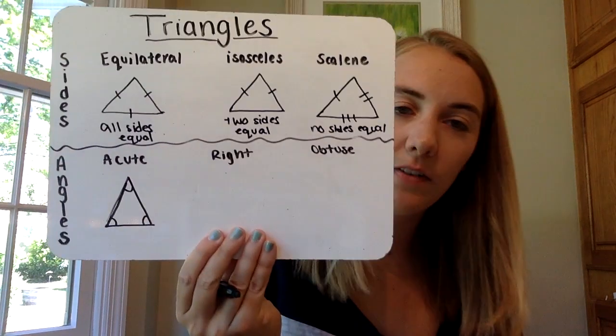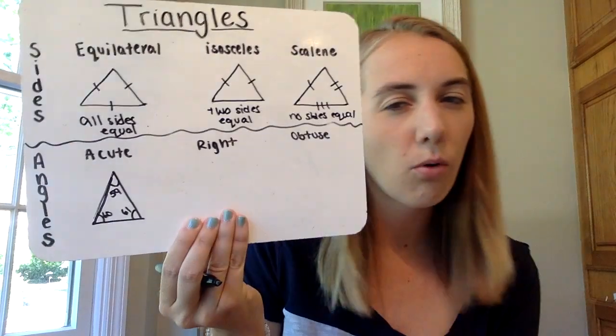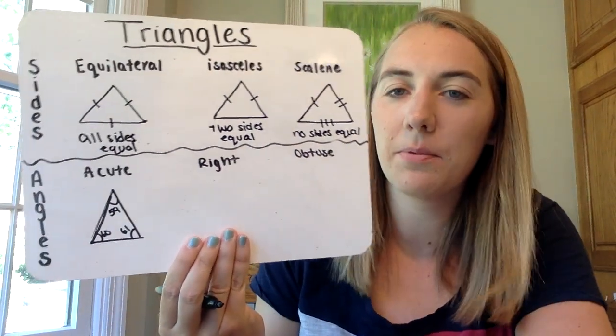So you'll see in an acute triangle that we might have a triangle that looks kind of like this, where we could have maybe one angle be 60 degrees, one be 61, and that last angle be 59 degrees. Now, I didn't make up those numbers off the top of my head.